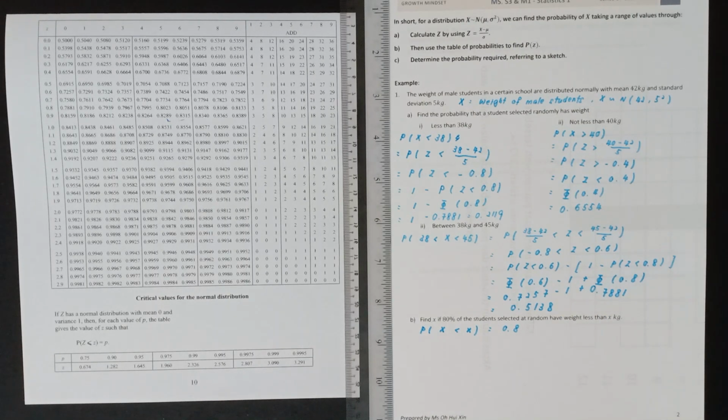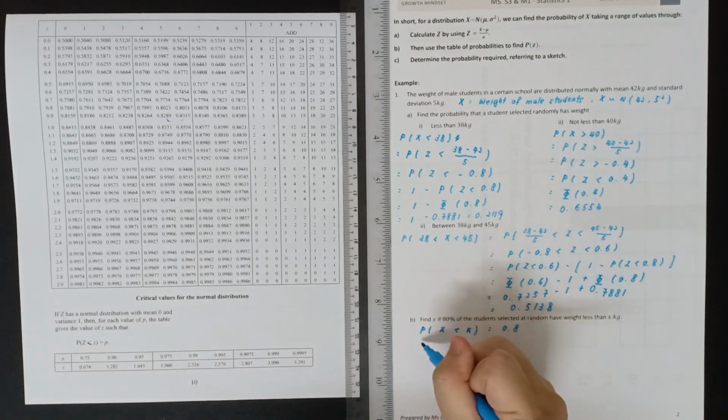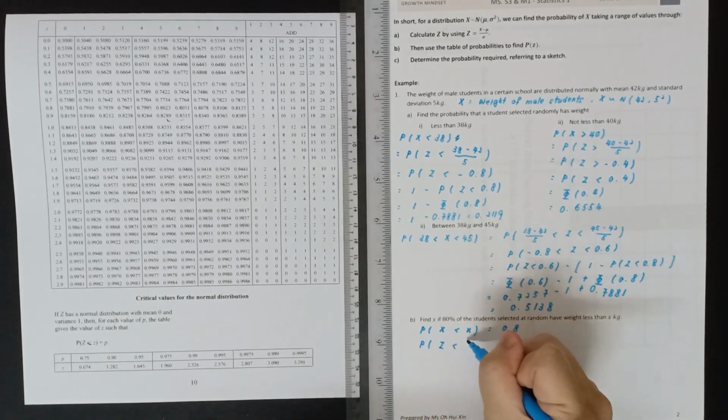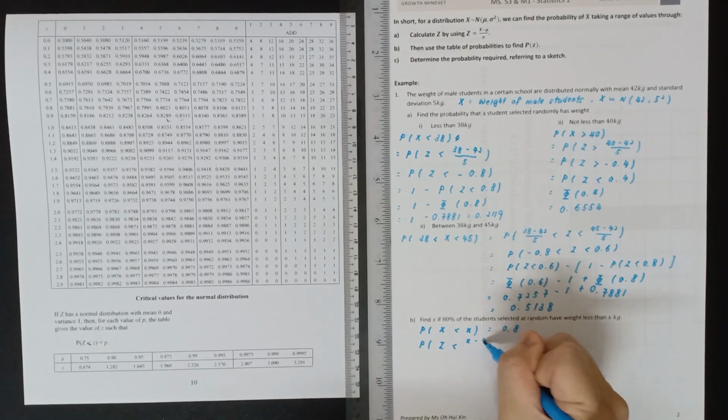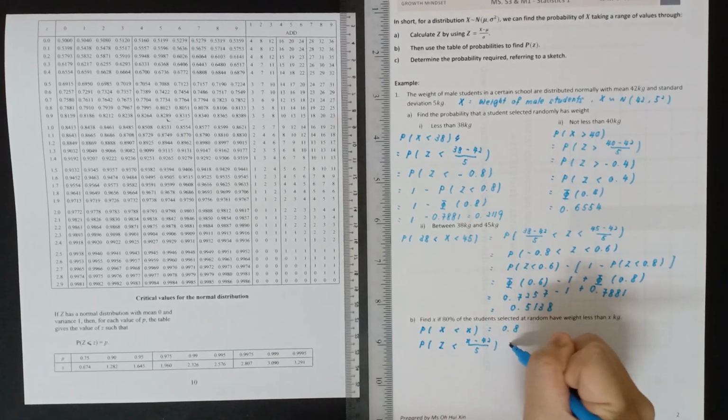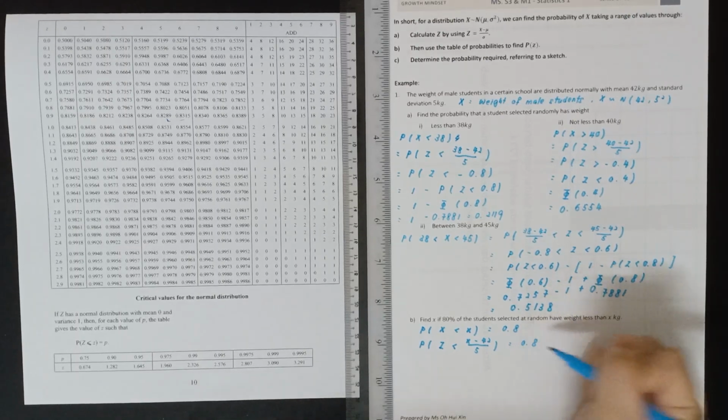Then I'm going to do the standardization process again. Probability big X smaller than x, when I standardize, I get probability z less than small x minus my mean, divided by my standard deviation, which gives me 0.8.